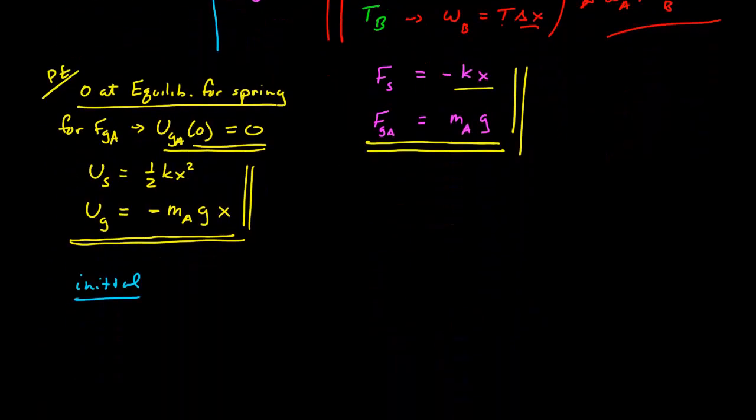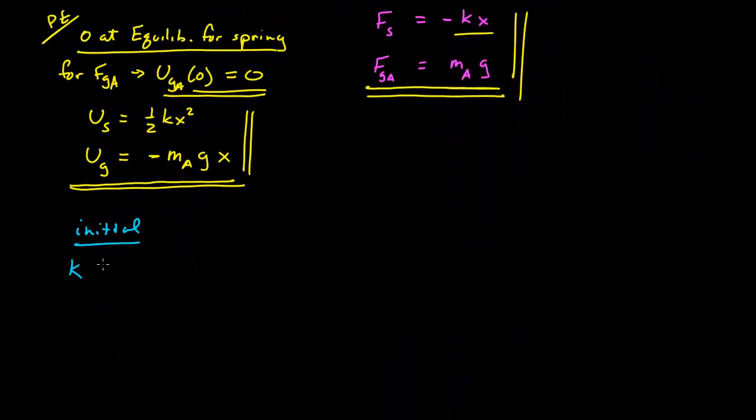So if it's released from equilibrium, that means it was released from rest, so its kinetic energy is equal to 0. It was at equilibrium, so the spring potential energy is equal to 0.